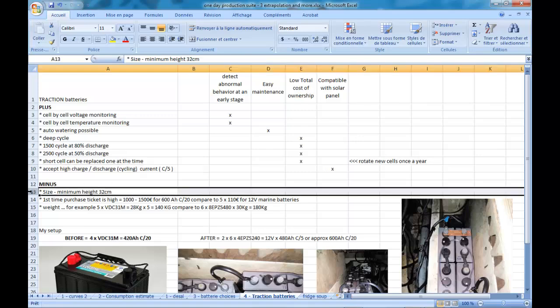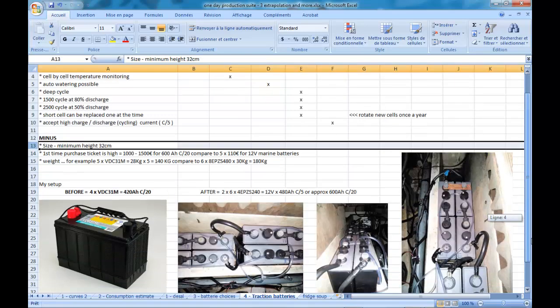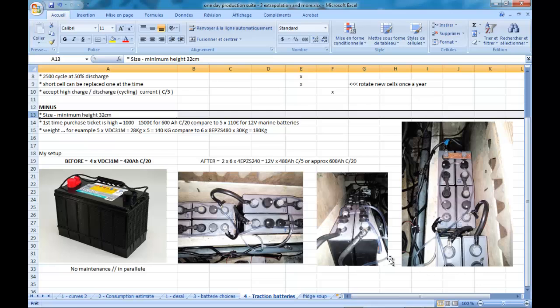First of all is size. These are like 35 centimeters high. Now 35 centimeters is much higher than this. These are standard. These are not standard. They are going from 30 centimeters to more than 1 meter if you are shooting for like 1000 ampere hours.